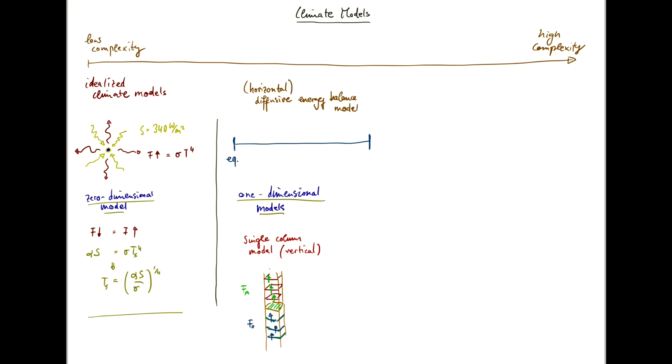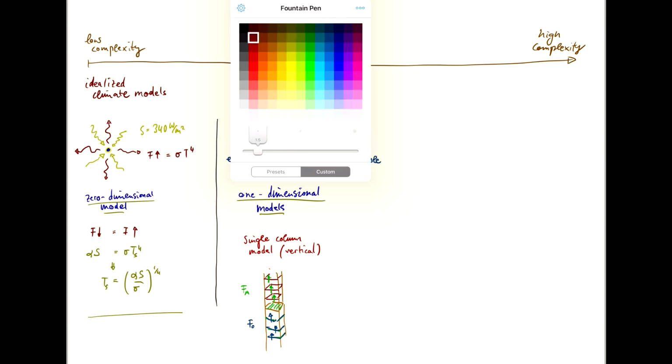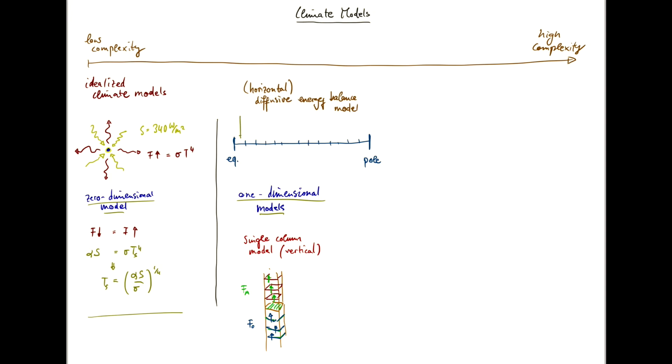Here we, for example, could have the equator on the left and the pole on the right, and then your model represents a number of grid boxes corresponding to different latitudes, and then you can resolve, for example, different incoming solar radiation, which, as expected, would be highest near the equator and lowest at the poles.